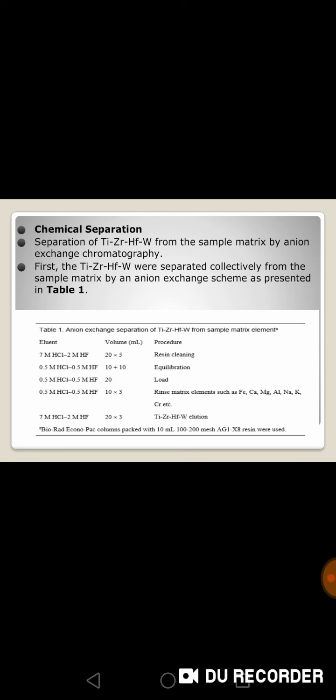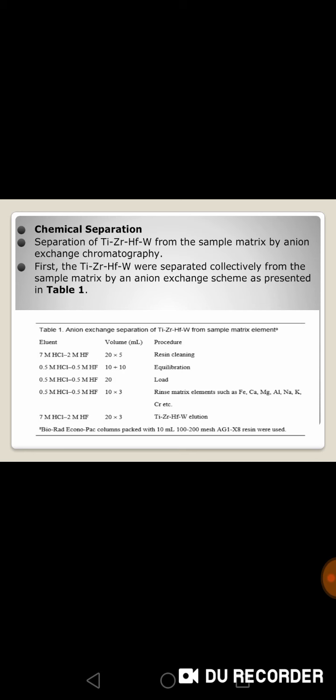We have to sort out different elements first, and then add, using 7 molar HCl and 2 molar HF, volume 20 into 5.